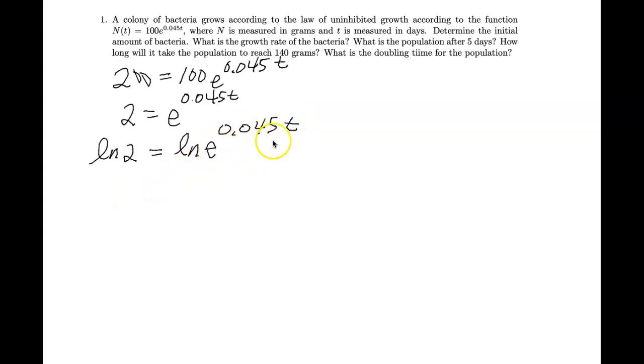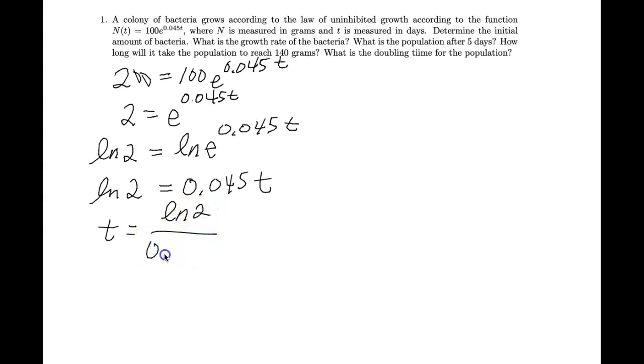And then the 0.045t comes down as a factor, and ln of e is 1, leaving us with ln 2 equals 0.045t. Divide both sides by 0.045, and t will equal ln 2 divided by 0.045, which is approximately 15.403 days.